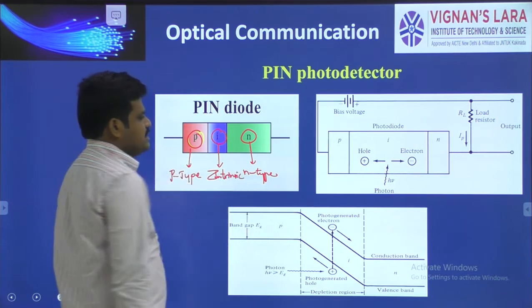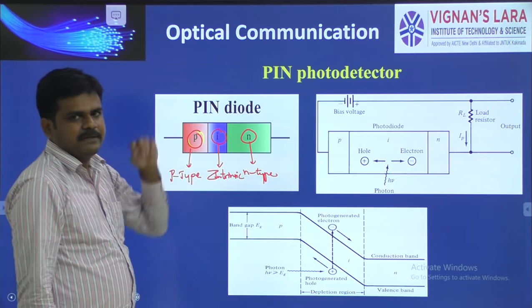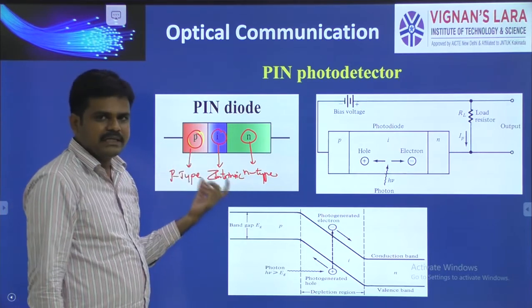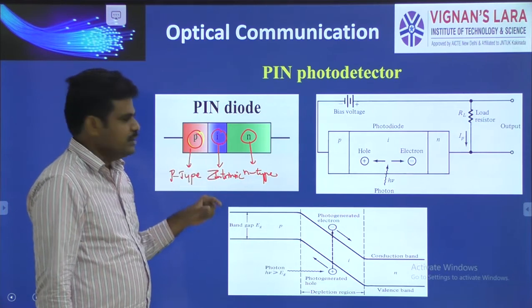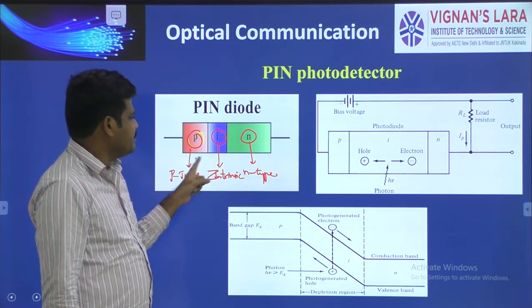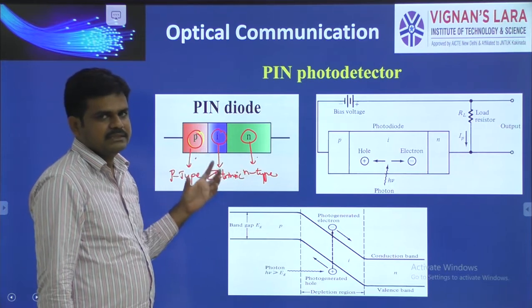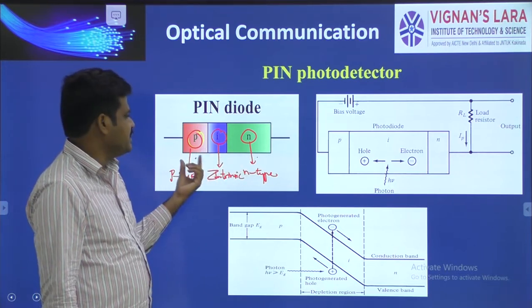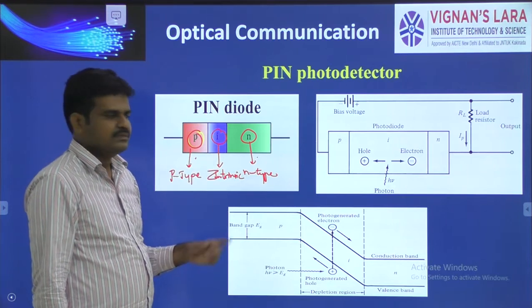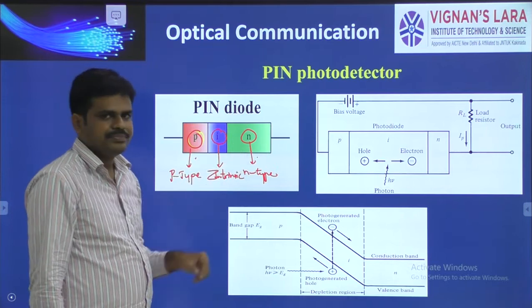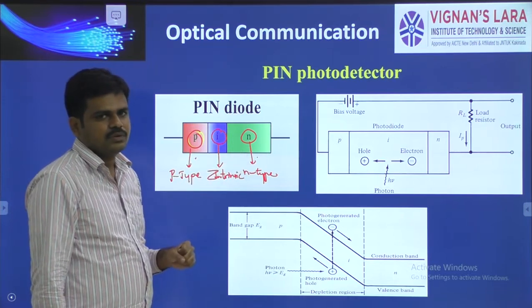An intrinsic semiconductor material is sandwiched between p-type and n-type materials. In short form, it is called a pin diode. So the pin diode is a photodiode.